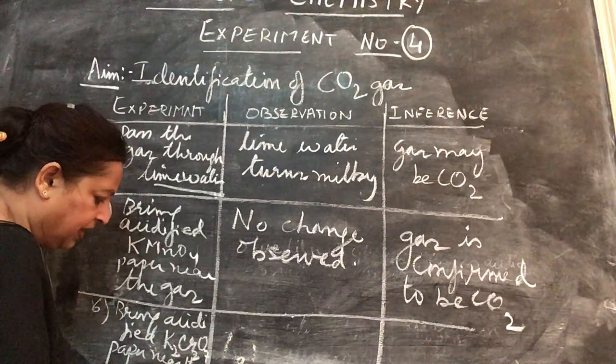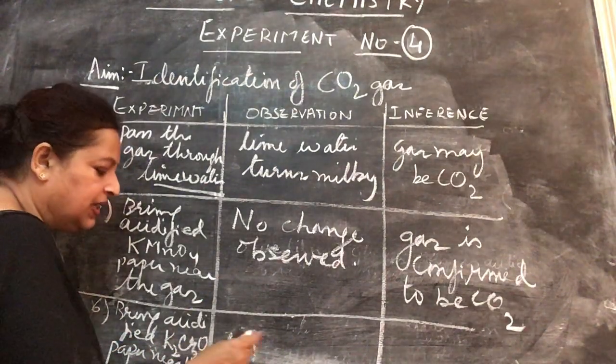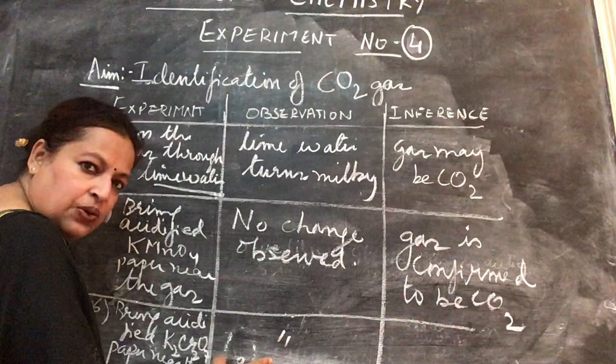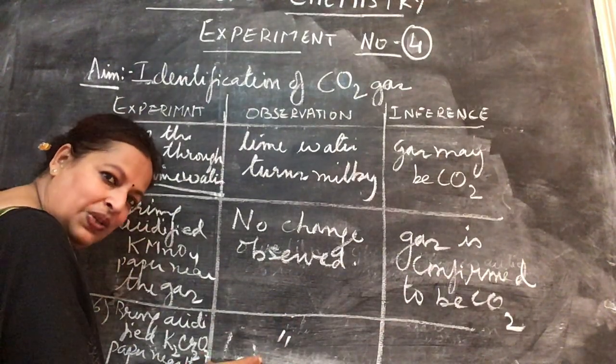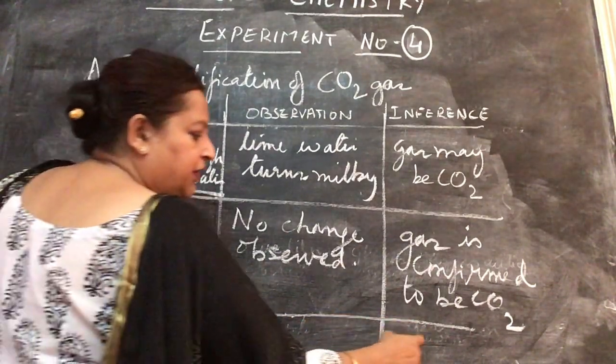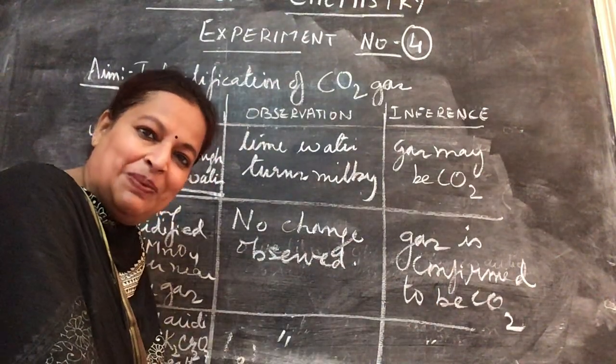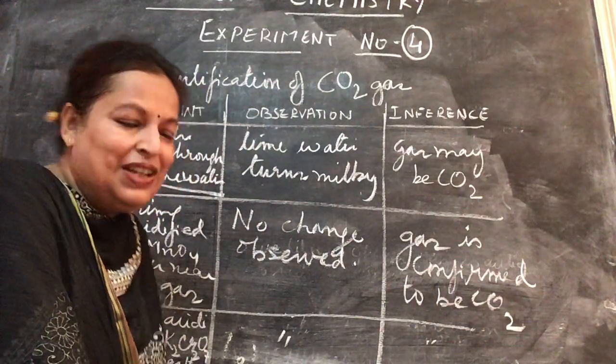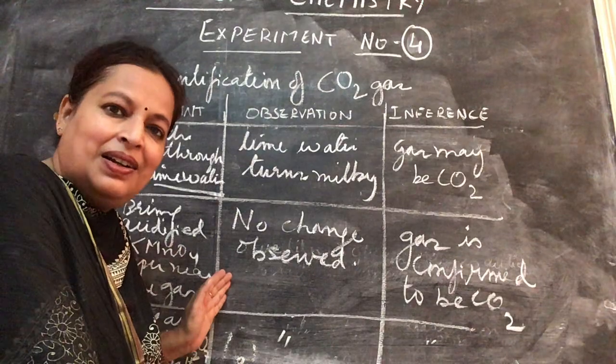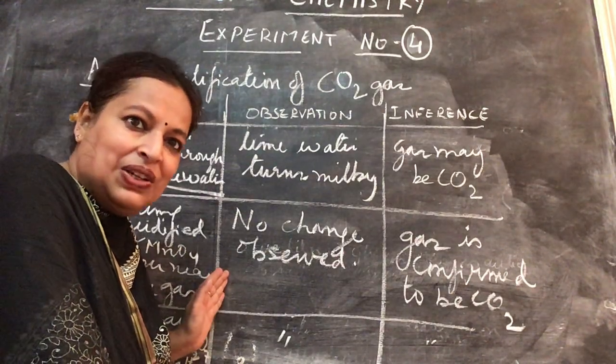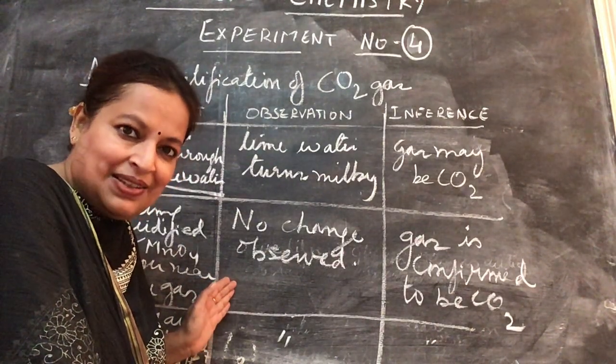As I am speaking, you can write. Right? So what is observed? Again, no change observed. You write the statement, no change observed. And what will you write here? Gas is confirmed to be CO2. Right? So this is what you do in the identification of carbon dioxide gas.